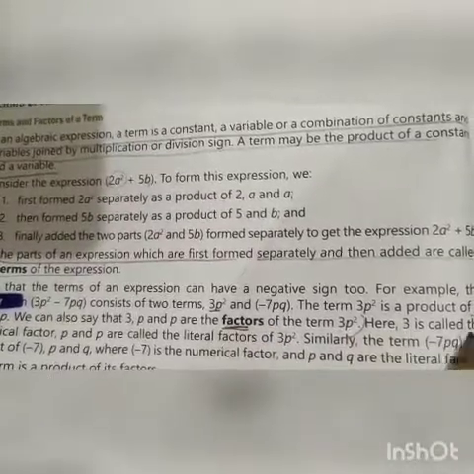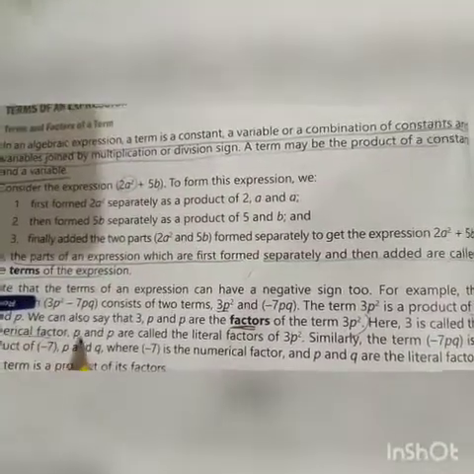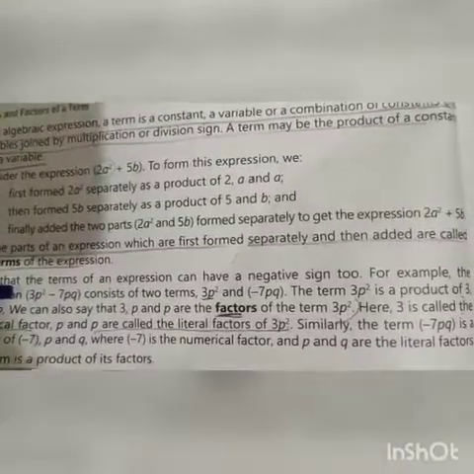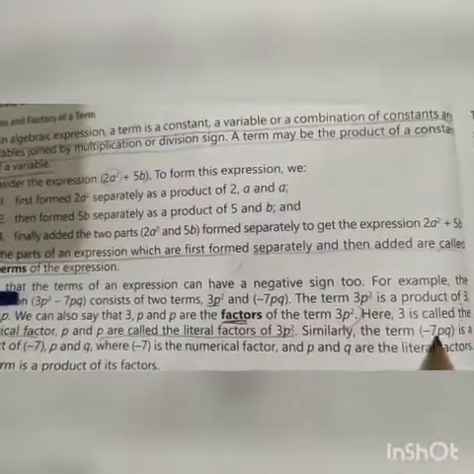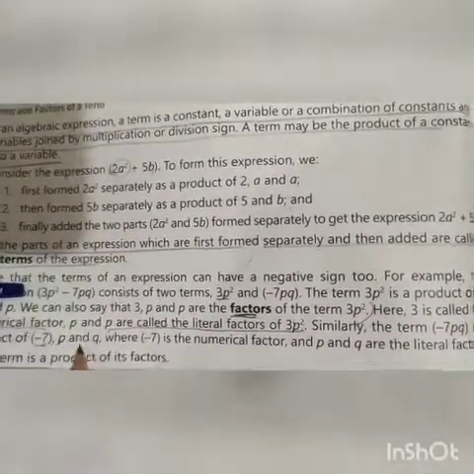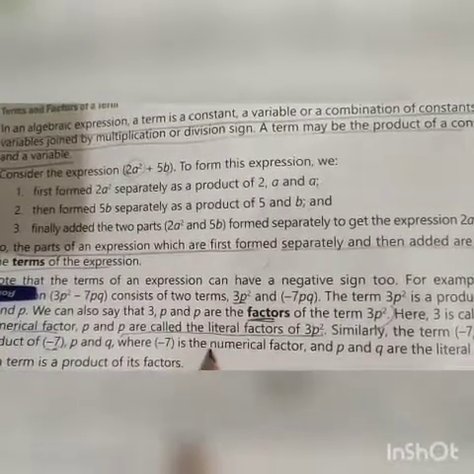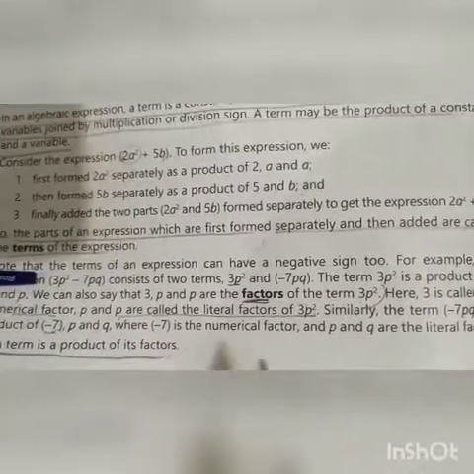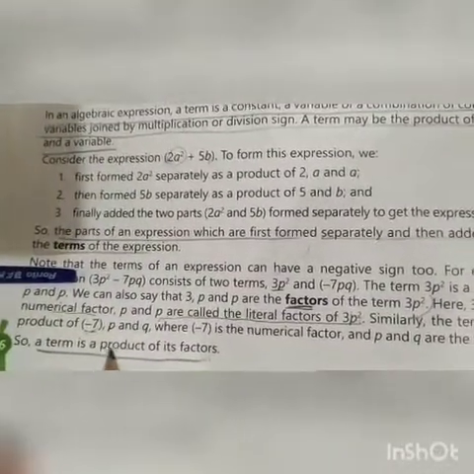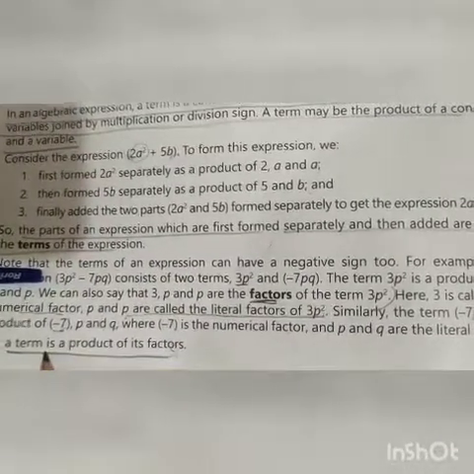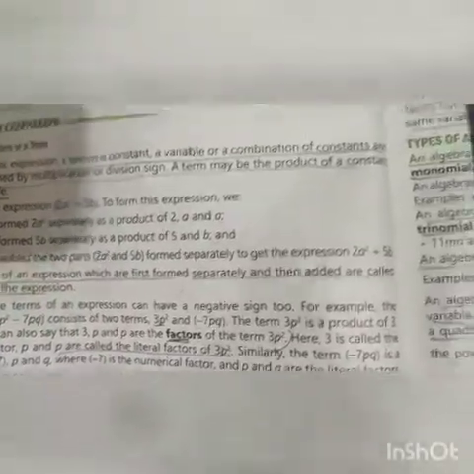In this term, 3 is called the numerical factor. p and p are called the literal factors of the term 3p square. Similarly, the term minus 7pq is a product of minus 7p and q, where minus 7 is the numerical factor and p and q are the literal factors. So a term is a product of its factors. How is a term formed? A term is formed by the product of its factors.